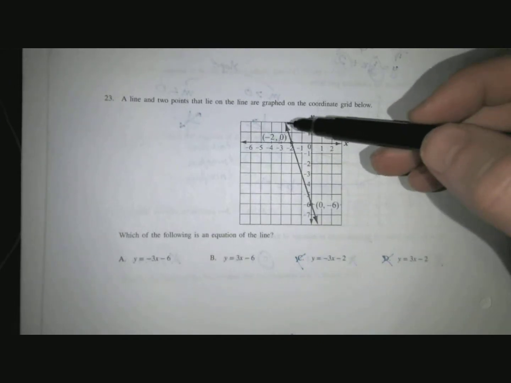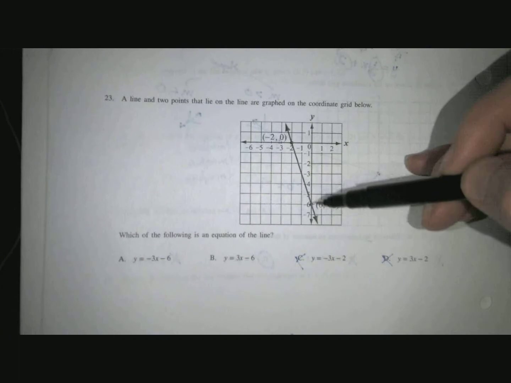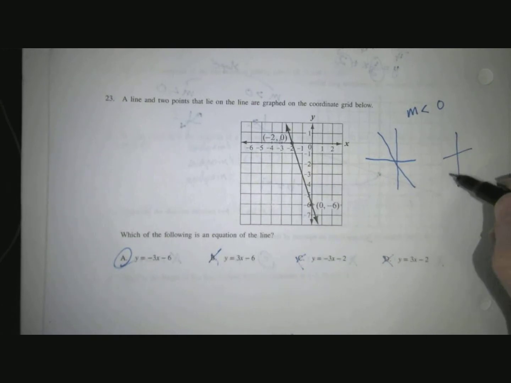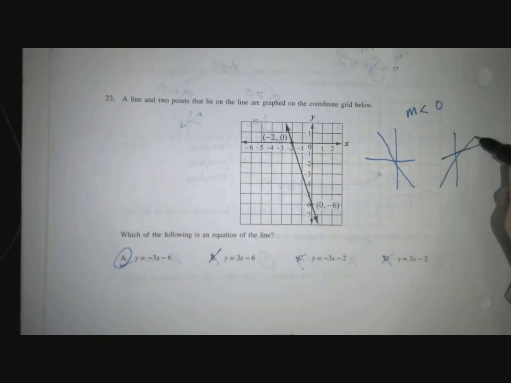Again, the slope is going down, so it must be negative, so it's not B, therefore it's A. Remember, if the line is going like this, my m is less than 0. If the line is going like this, m is greater than 0.